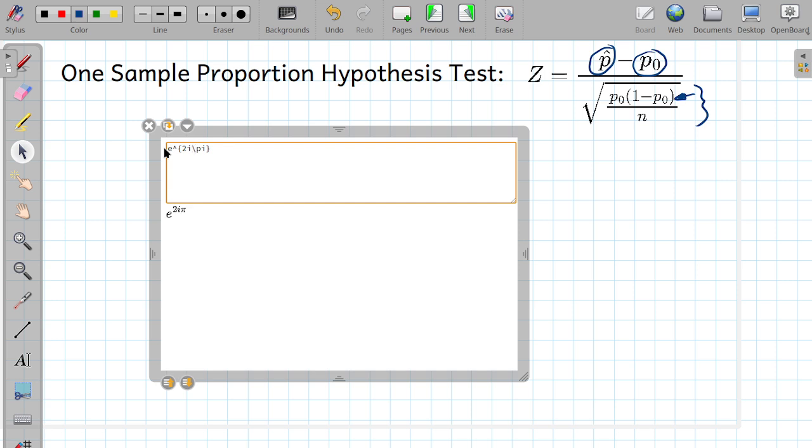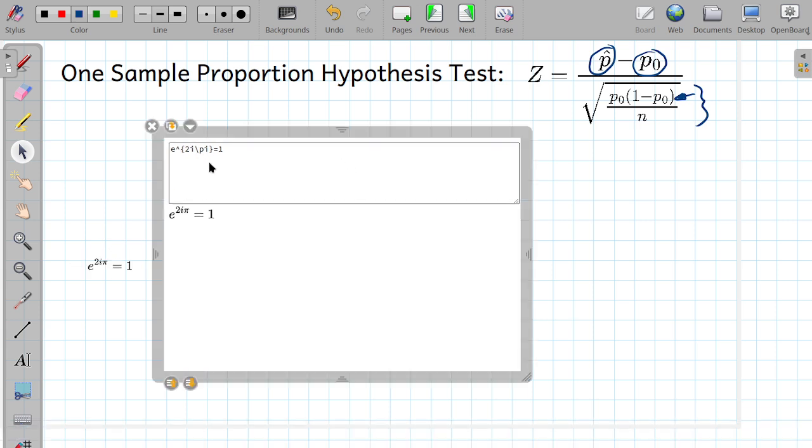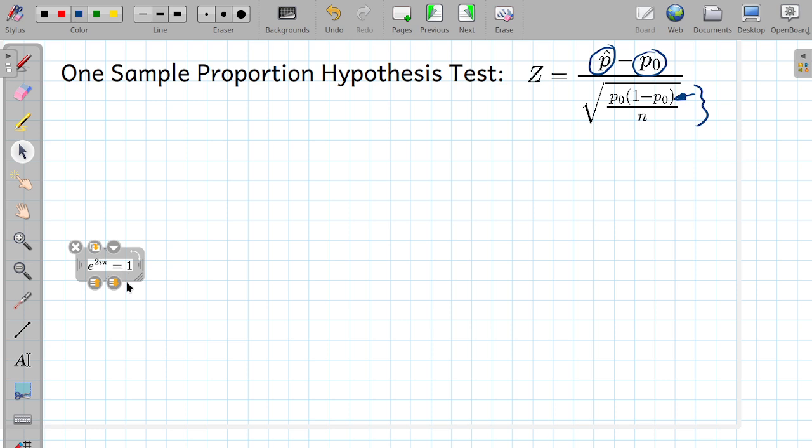There we go. So there's e to the 2iπ equals 1. And then I can click here, and I can drag this over to the canvas, and then I can close this, and there. That's really kind of cool. You're doing some vector calculations.